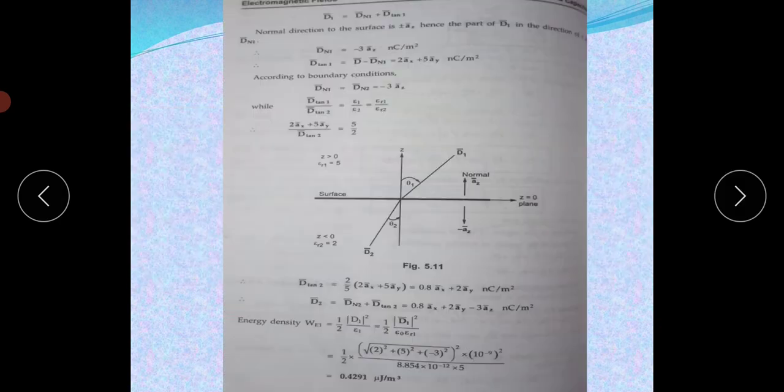So next, another we have to find P2 by P1. Polarization. We know the polarization formula, modulus of P bar equals electric susceptibility into epsilon naught into E bar. The E bar, D bar relation: E bar equals D bar by epsilon. Epsilon equals epsilon naught into epsilon r. Epsilon r equals electric susceptibility plus 1. So in place of E bar we can write D bar by (electric susceptibility plus 1) into epsilon naught.